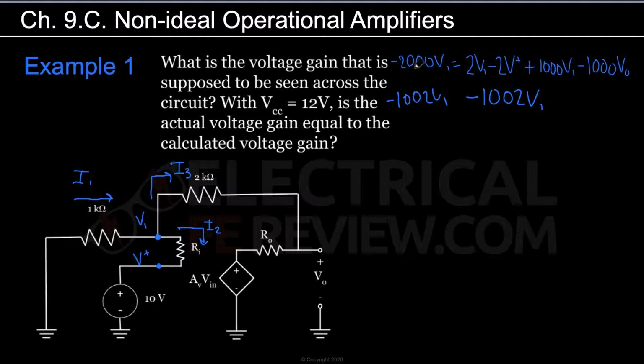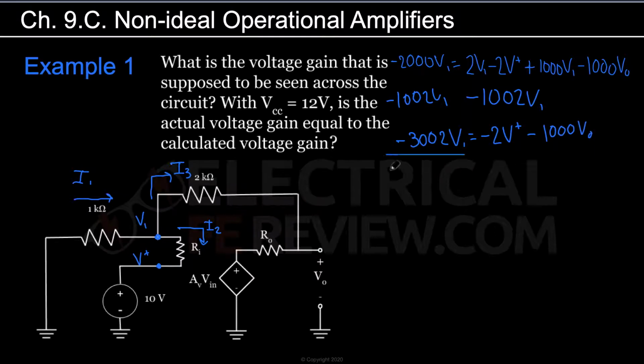Okay, so negative 2000 minus 1002 is going to give us negative 3002 V1, and then this 1002 is going to cancel out the 2V1 and the 1000 V1, and this is going to give us negative 2 V plus minus 1000 V out.